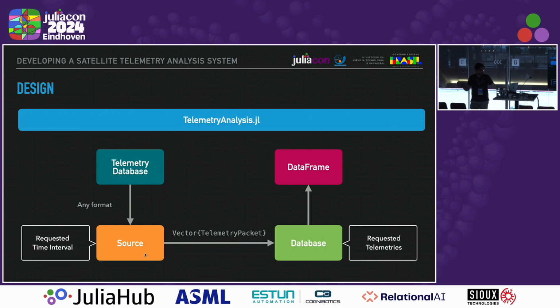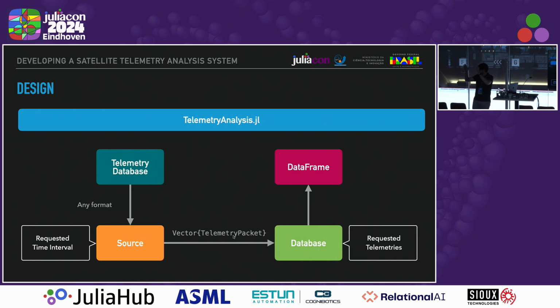So the first API you need to define is the source. How to transform this telemetry that has a general format into a very specific one, which is a vector of a structure that we call a telemetry packet. Then what the software does is request telemetry from a specific time interval and convert it to this type here.